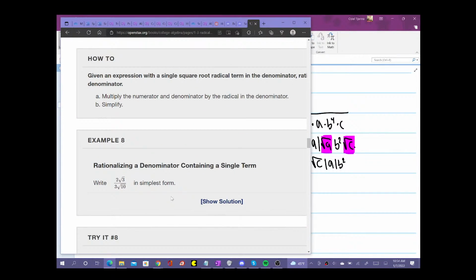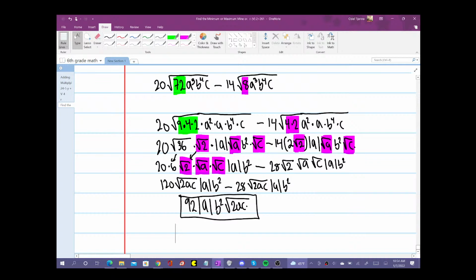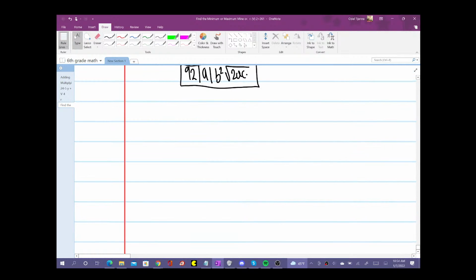So rationalizing denominators is another thing, right? 2 over the square root of 3, for example. We cannot have a radical in the denominator. So we're going to multiply the top and the bottom by the square root of 3.